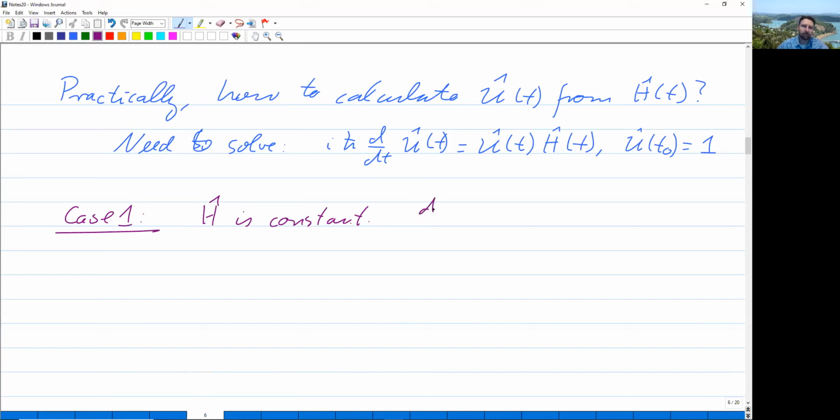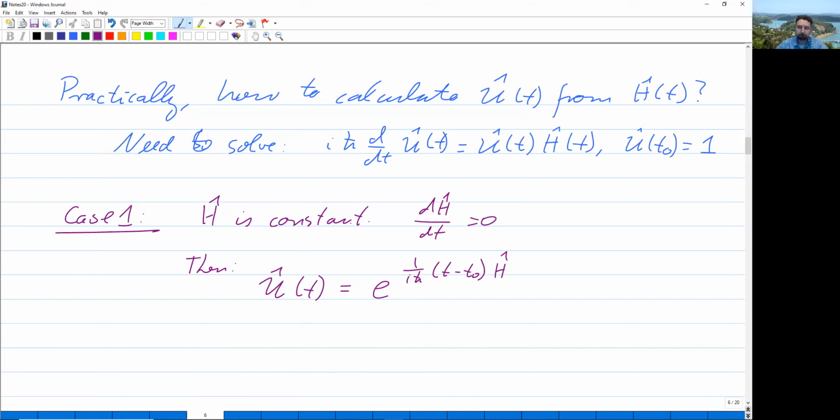So we have dH hat by dt equal to 0. No interference from the outside. In this case, things are easy, because then we can immediately write down what U hat of t is. Namely, U hat of t is then equal to e to the power of 1 over i h bar (t minus t naught) H hat.